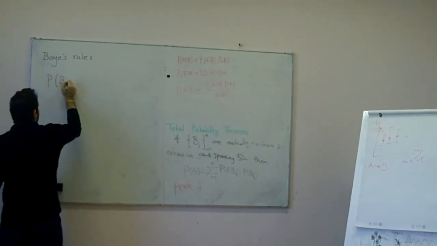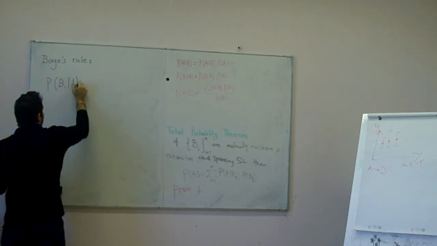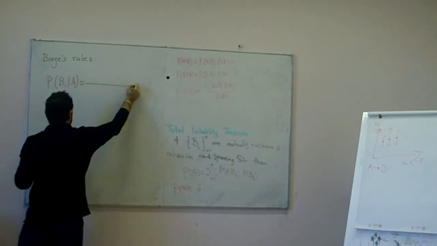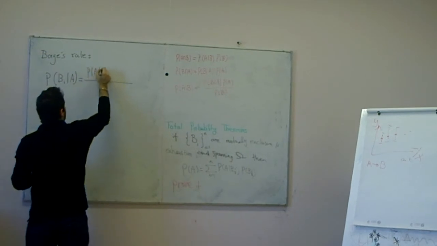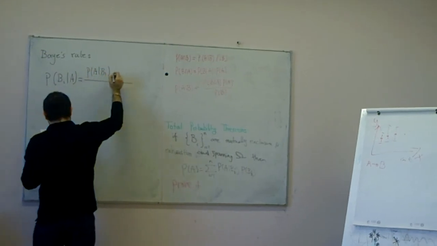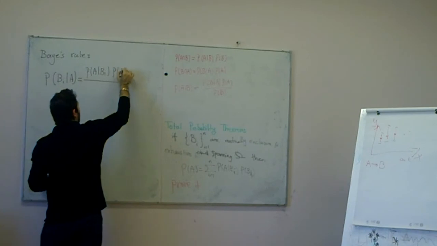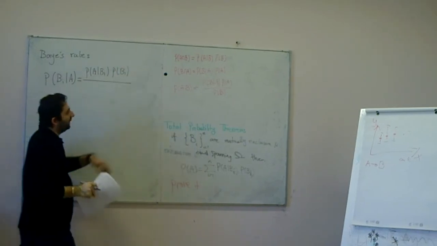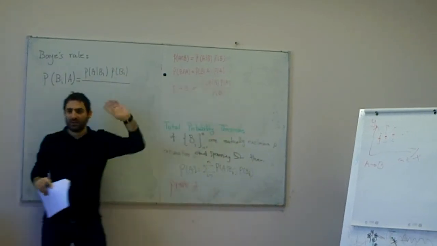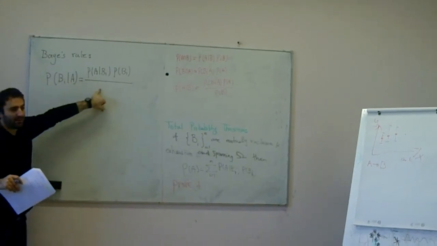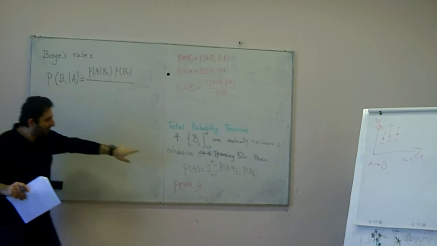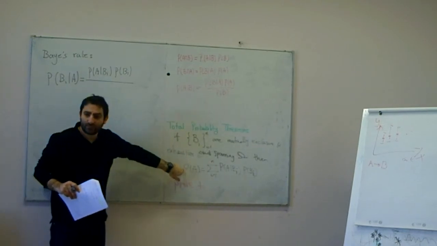Probability of Bi given A is equal to probability of A given Bi multiplied by probability of Bi. Okay, up to here, we are just going right. This should be divided by probability of A, right? But probability of A can be written in this form.